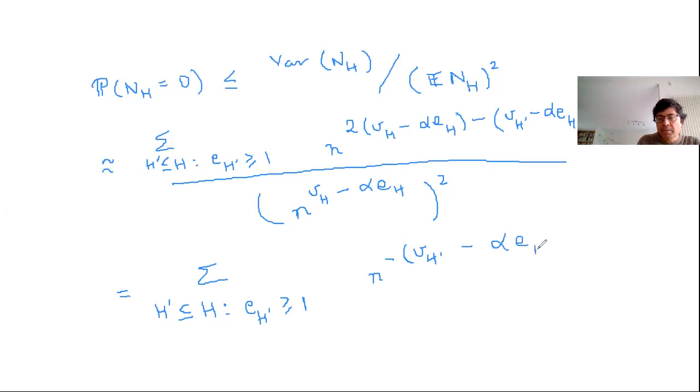Okay, so that's our expression for this ratio, the variance over the mean square. So that's our upper bound for the probability that NH is 0.